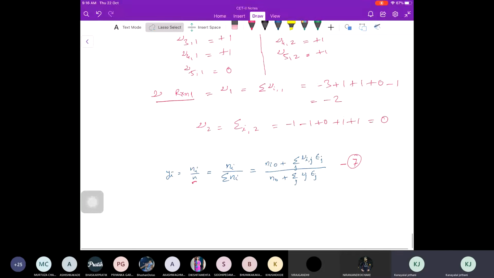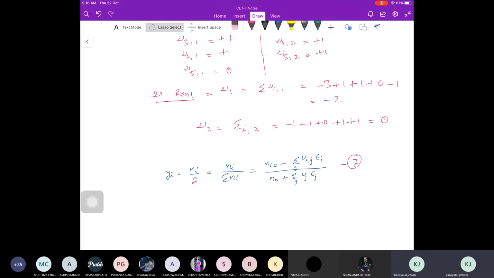So this is our equation, right? yi is equal to ni0 plus summation of nu ij into epsilon j upon n0 plus summation of nu j into epsilon j, right? How much is ni0?